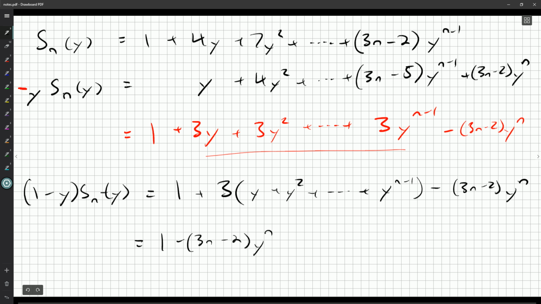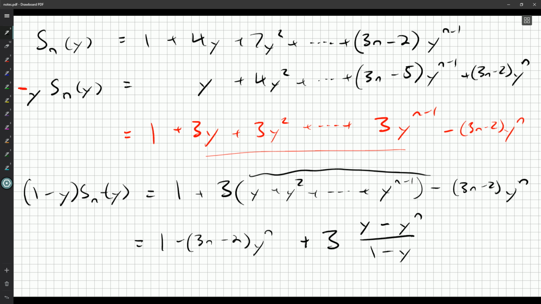And then we're going to say 3y times (1 minus y^(n minus 1)) over 1 minus y, just using the basic geometric series formula there. Increase the power by 1 and divide by 1 minus y. Okay. So there we go, and if I just want S_n of y, divide both sides by 1 minus y.